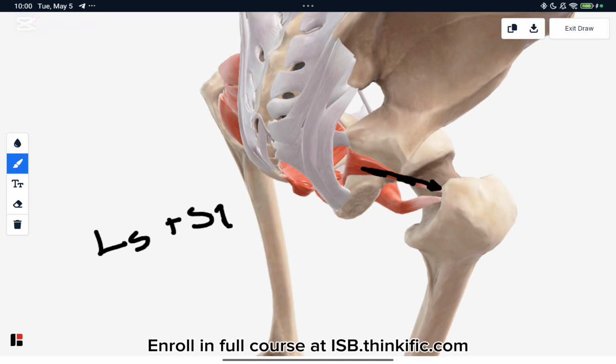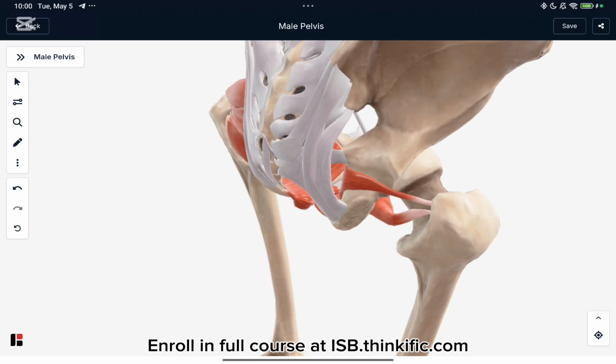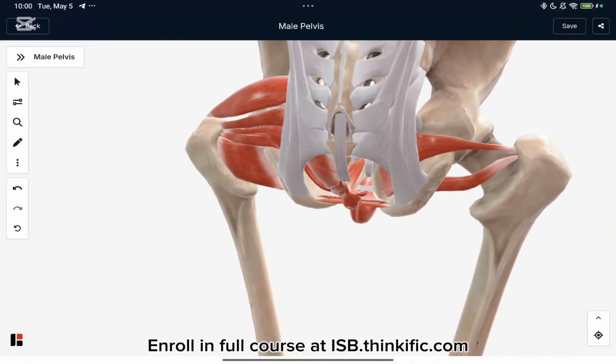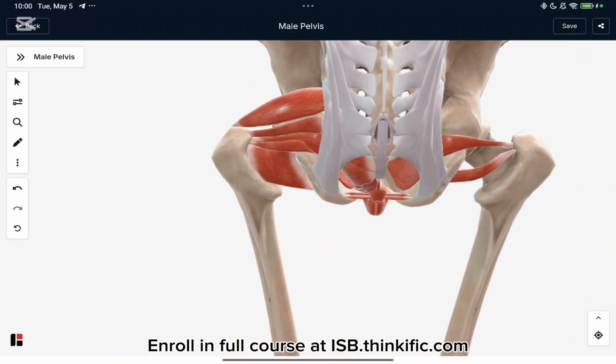The actions of this muscle: it has a structural function. It forms part of the pelvic wall, especially anterolaterally. But function-wise, you can think about it, it's so easy, right? This is posterior view.